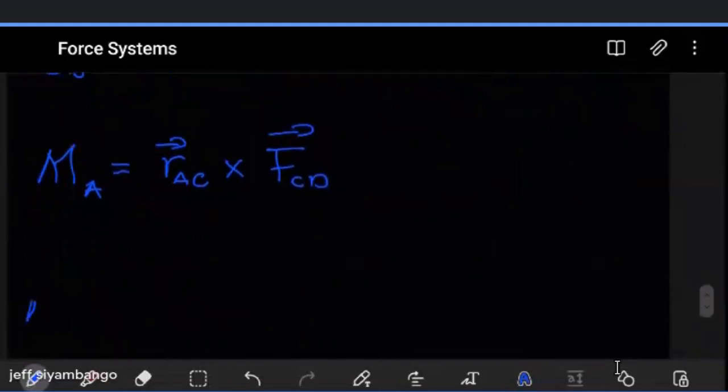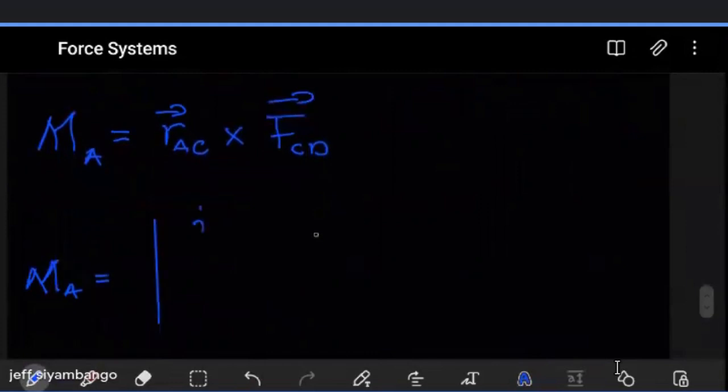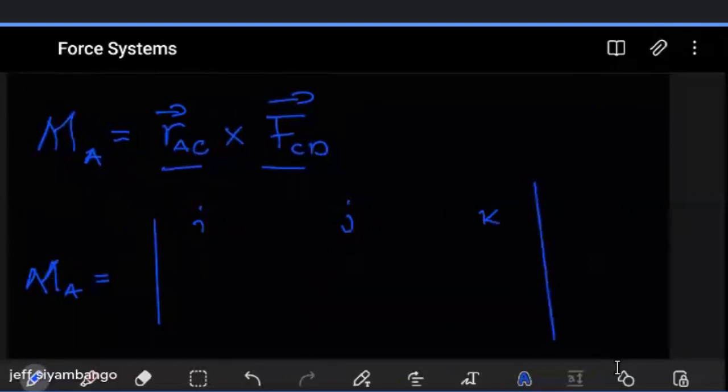So this moment will actually just be equal to the determinant of a 3x3 matrix, where you have your I here, your J here, and your K here. You have to be very careful: for cross product, order is important. You can't swap them and hope to achieve the same result.